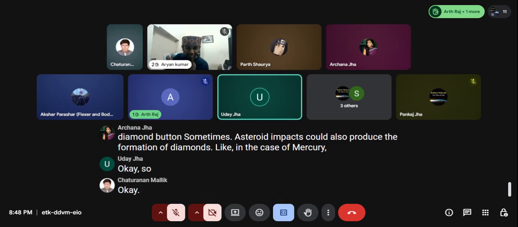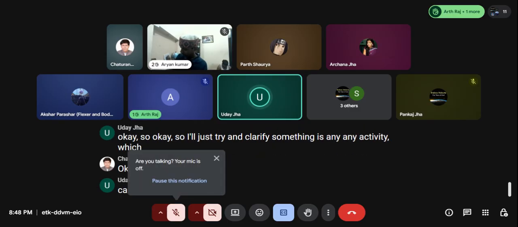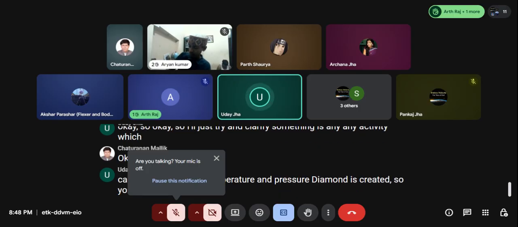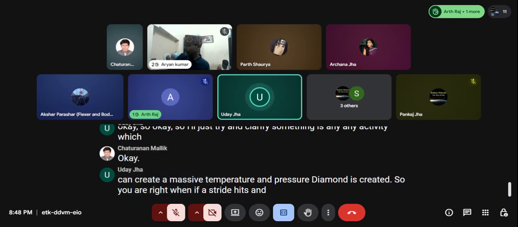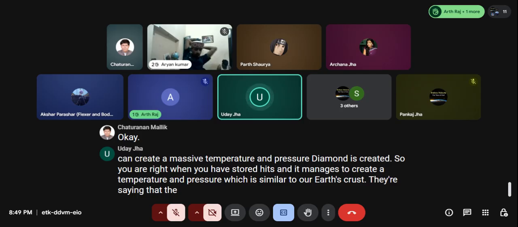Okay, so I'll just try and clarify something. Any activity which can create massive temperature and pressure, diamond is created. So you are right, if an asteroid hits and it manages to create a temperature and pressure similar to our Earth's crust, they are saying that the pressure has to be 4.5 to 6 gigapascal.